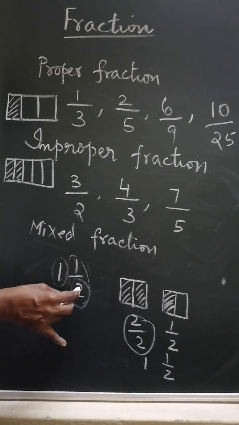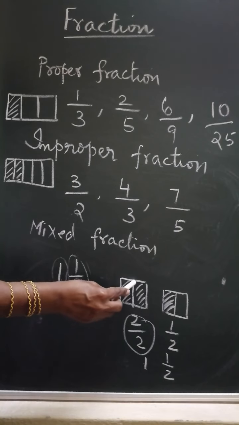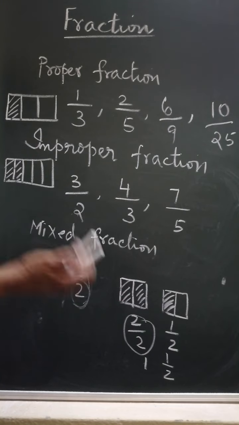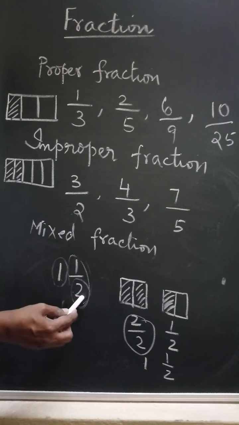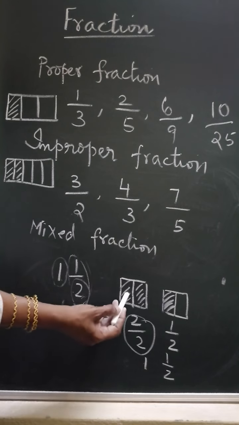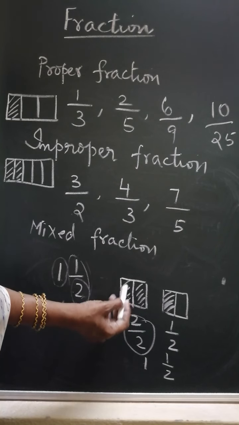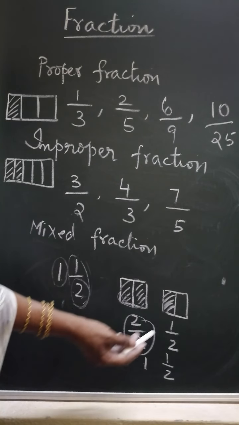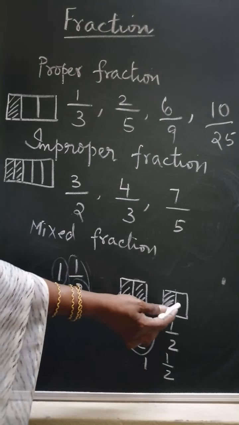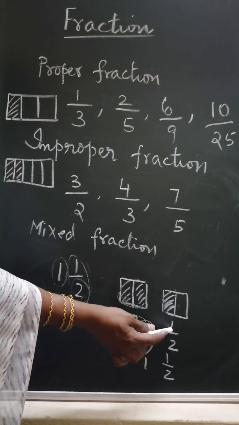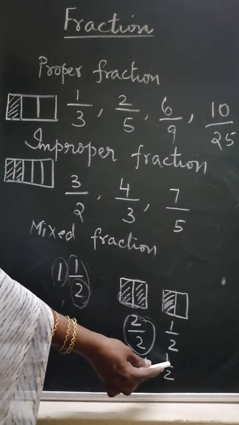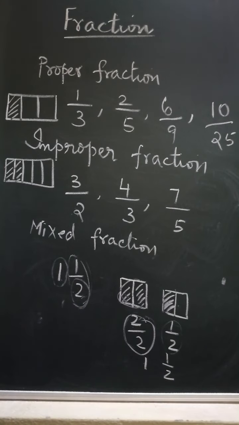So any piece, for a cake or apple or any object, is divided into 2, since the denominator is 2. The whole part is eaten. Now in the same way, another piece is divided into 2 and 1 part is taken. So this is the whole part and this is the fractional part.